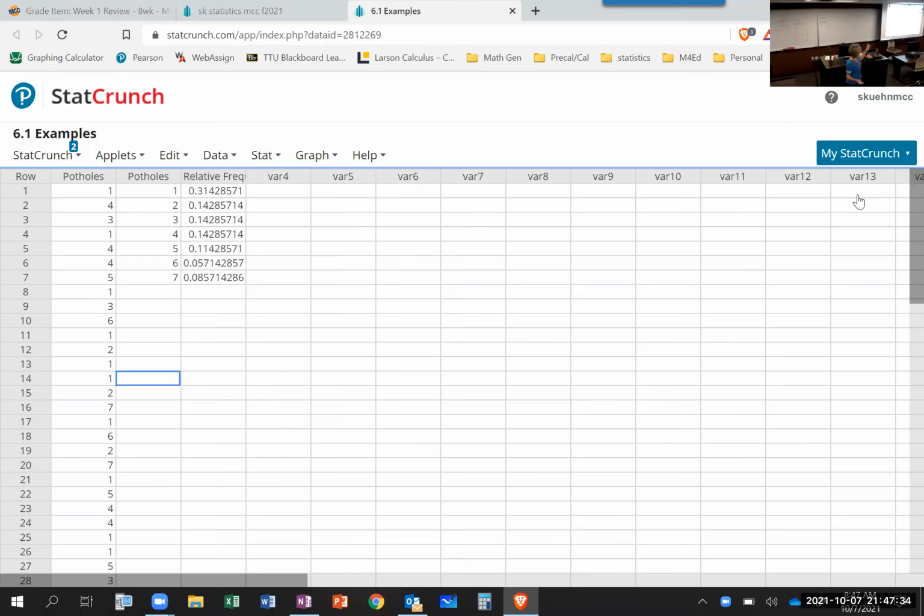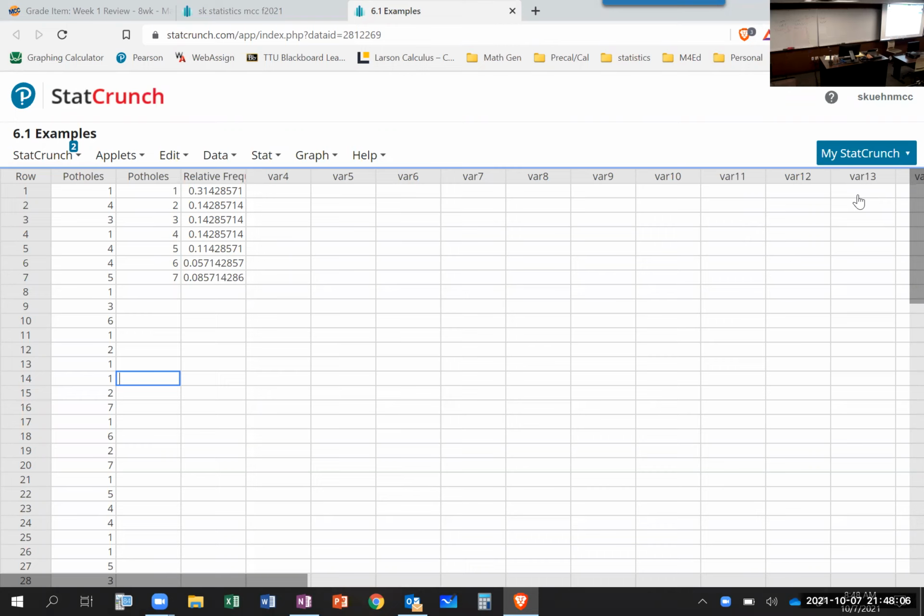So if I were to look at this, what's the probability or the likelihood that I'm driving through this city and I encounter a 1 mile stretch that had 1 pothole on it? What do we say? 31%, 0.314, okay?